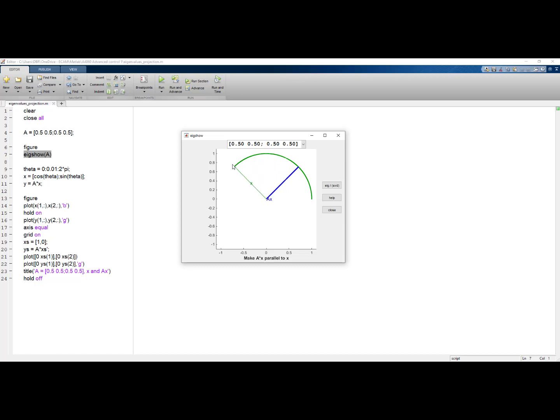And in this case we have considered a vector that is perpendicular to the vector on which we project, so lambda 2 is equal to 0. So the circle here has been mapped to an infinitely thin ellipse. And the eigenvalues are 1 and 0.